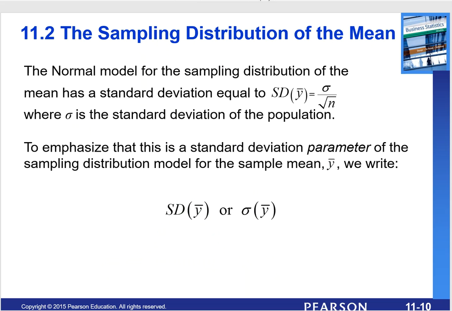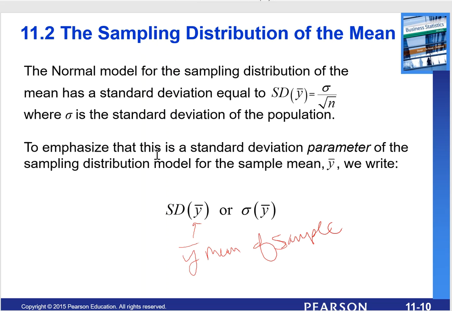Okay. And I already said this a little bit or hinted at it, but here we go. So what's the sampling distribution's standard deviation? Well, it's just going to be the standard deviation of the population divided by the square root of the sample size. This should look fairly familiar. So remember, y bar, that means mean of a sample.